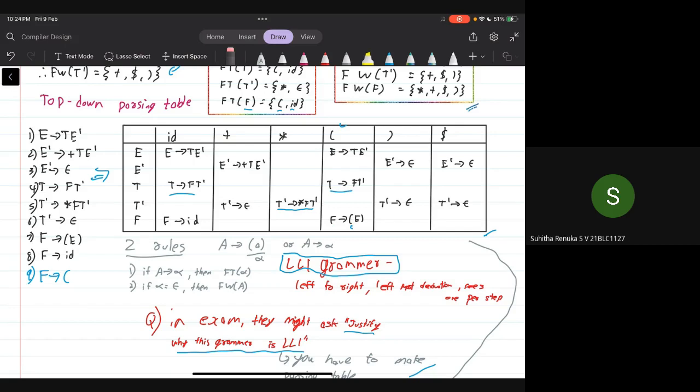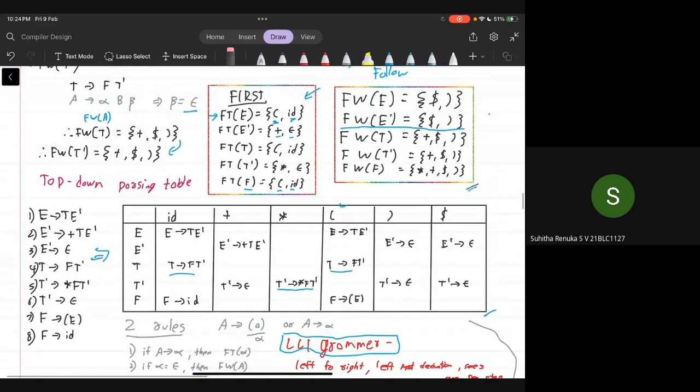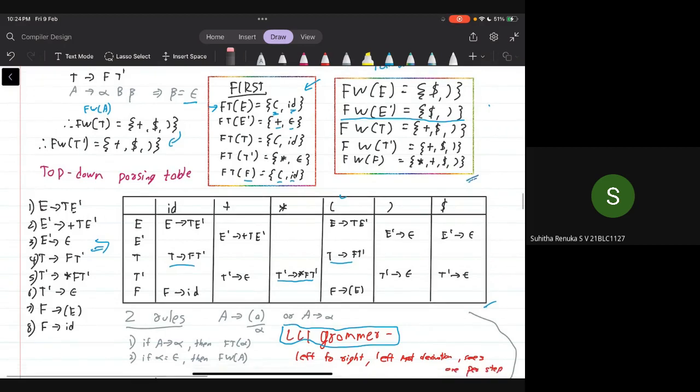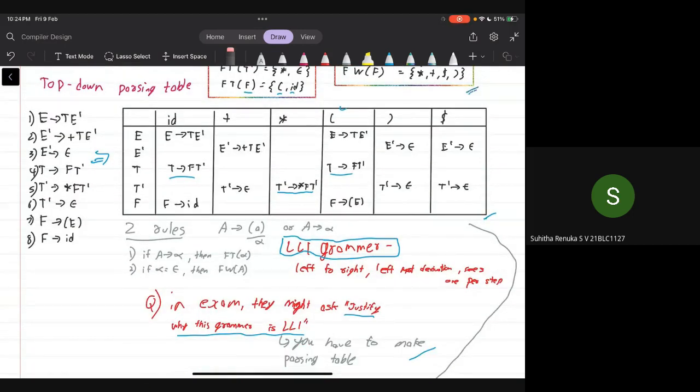The most important thing in this table is, whenever you see epsilon, find the follow of the alphabet you're finding, and write that grammar rule under the follow symbols of whatever you found, and then write the justification.